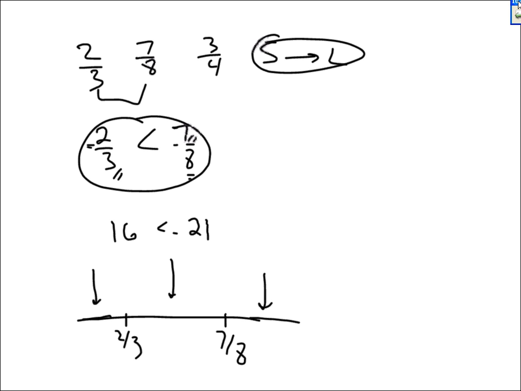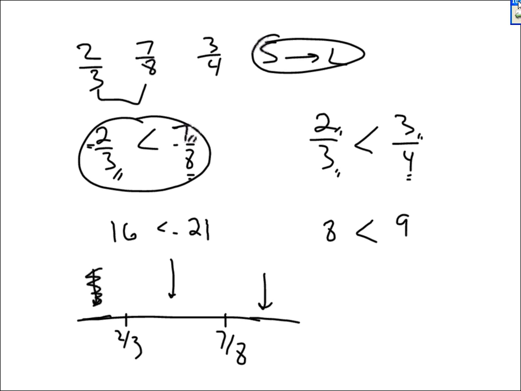It's one of those three. Well, let's compare the 2/3 and the 3/4. 4 times 2 is 8. 3 times 3 is 9. 8 is smaller. It goes this way. That is, 3/4 is bigger than 2/3. So it won't go here.